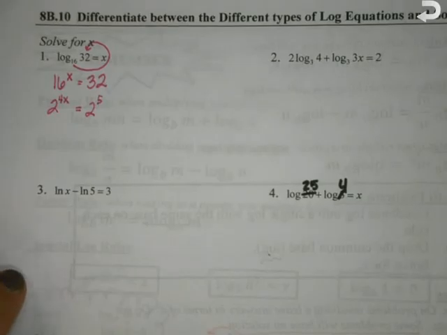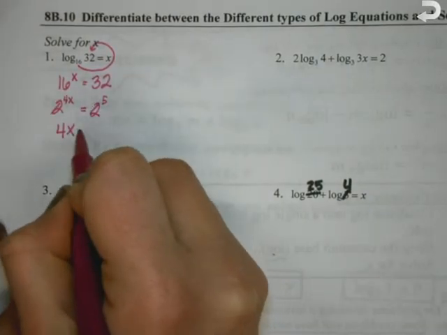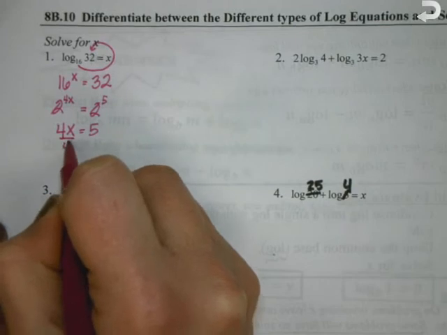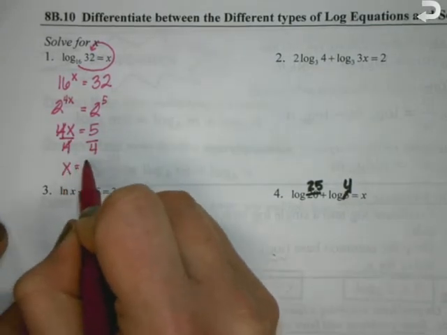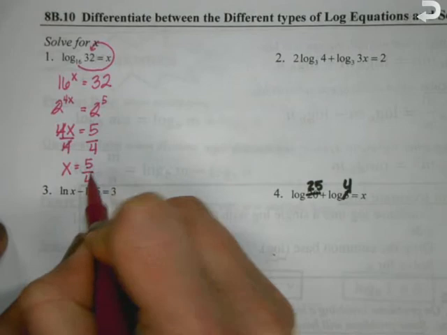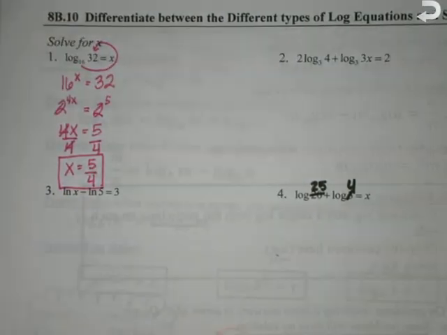So drop the bases, and we get 4x equals 5. Divide both sides by 4, so x equals 5/4. 5 over 4. You guys good? Yeah. Okay.